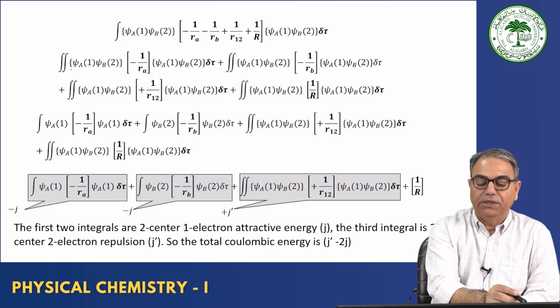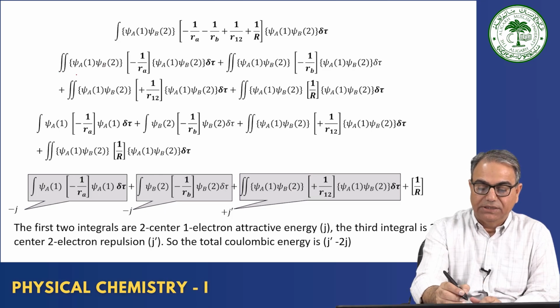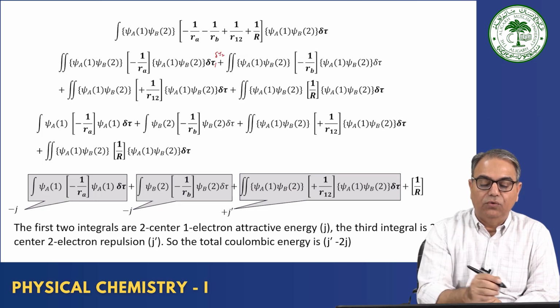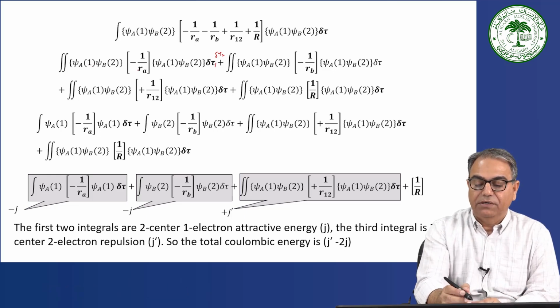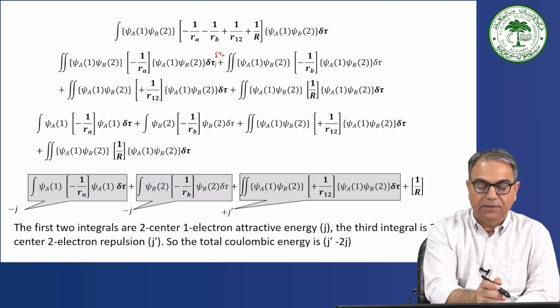So it will be a double integral, and there is a mistake. I'd add d tau 1 and d tau 2, both should be there because we are integrating over two different spaces. So it's a double integral, and now it's complete. Everywhere d tau is written, write it as d tau 1 d tau 2. So psi a1 psi b2 minus 1 by Ra psi a1 psi b2 d tau 1 d tau 2.